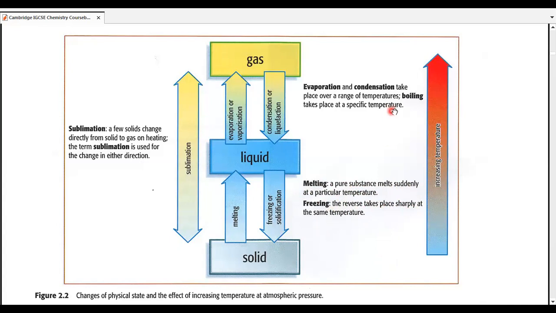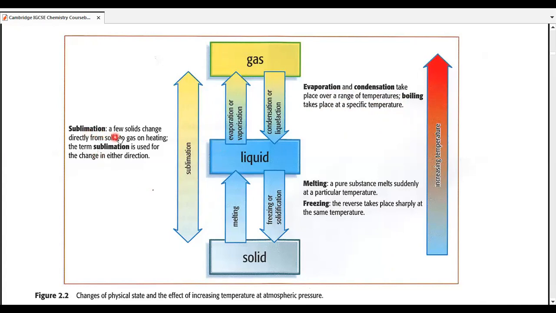Now, evaporation and condensation take place over a range of temperatures. Boiling, however, takes place at a specific temperature, or liquefaction, however, takes place at a specific temperature. So, apart from these processes, there is one more process written over here in the form of a large arrow, which is sublimation.